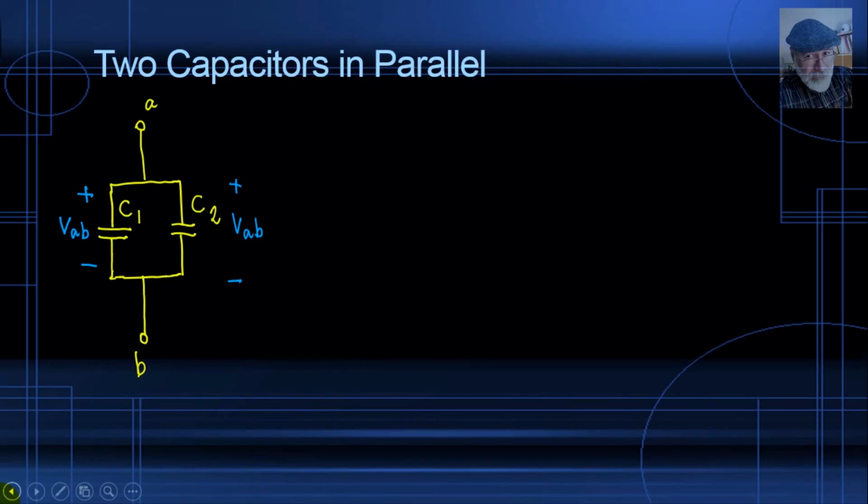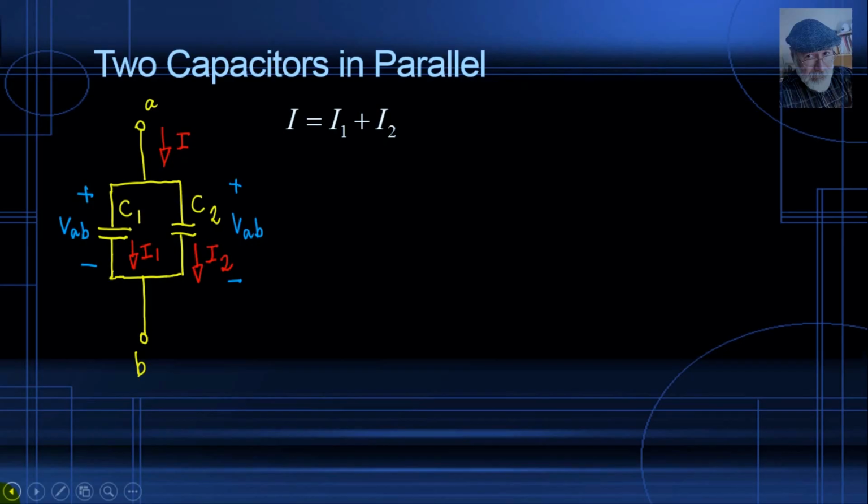That voltage is responsible for the appearance of a current I1 in the first capacitor and I2 in the second capacitor. However, KCL tells us that a current will appear entering the branch through node A, current I, the total current.